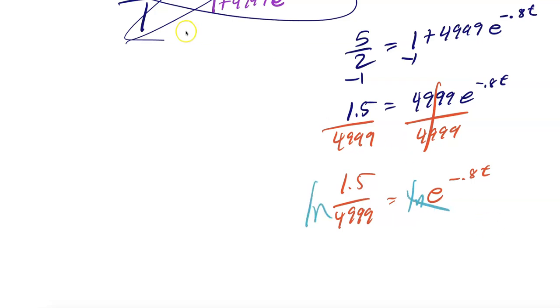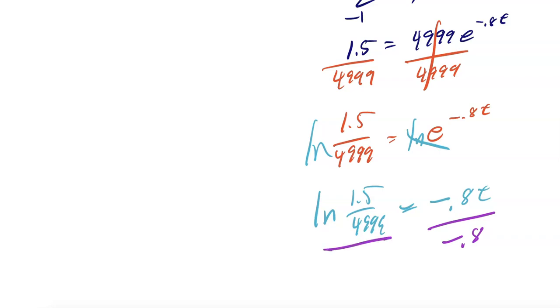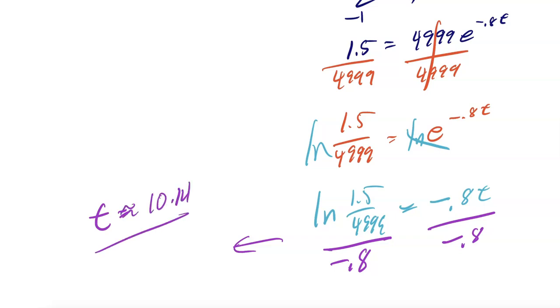That cancels out. So I'm going to leave this side like this. So 1.5 over 4,999 equals negative 0.8t. And then we're just going to divide by negative 0.8. And we get t is equal to roughly 10.14.